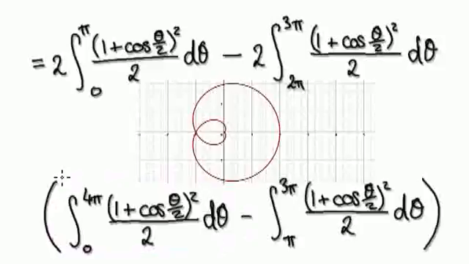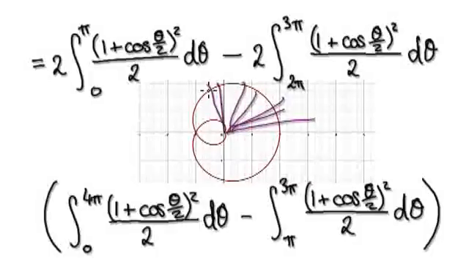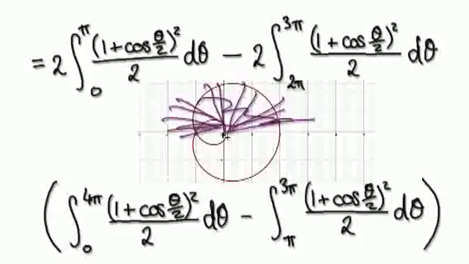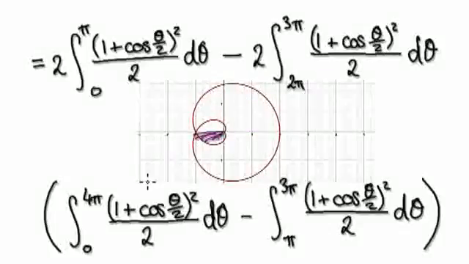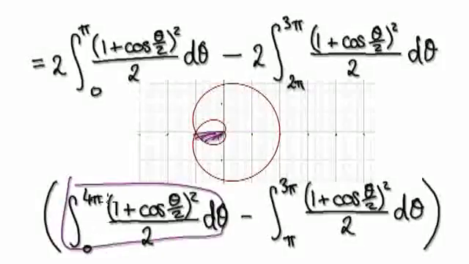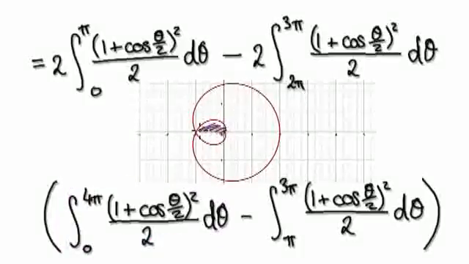So an alternative way is to do this, which means from 0 to 4 pi. It means this: you're summing up everything here. So you're summing up all the area here so far, and then you've got to sum up this bit here. This is us just summing up everything from 0 to 4 pi. That would then sum this up, and then sum this up, and then sum this up.